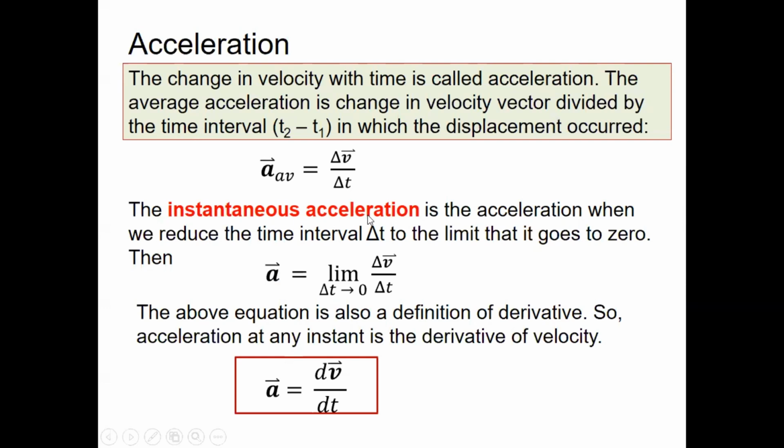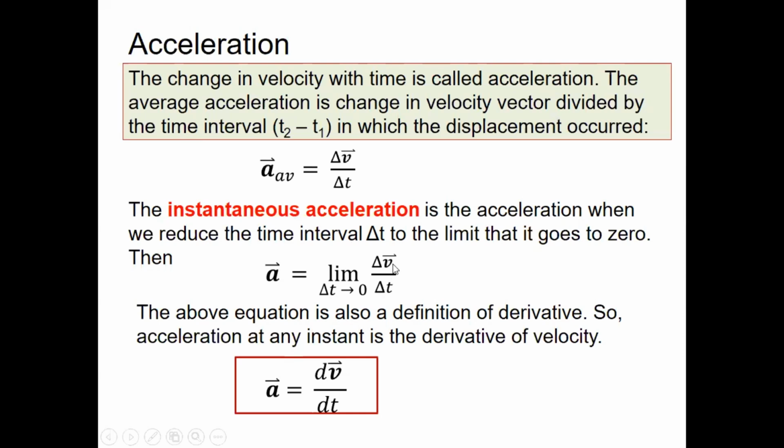The instantaneous acceleration, similar to the instantaneous velocity, is the acceleration when we start reducing the time interval to a very small value, or to the limiting case that it goes to zero. When delta t goes to zero in the limit, this ratio delta v over delta t becomes the instantaneous acceleration. This equation is again a definition of the derivative.